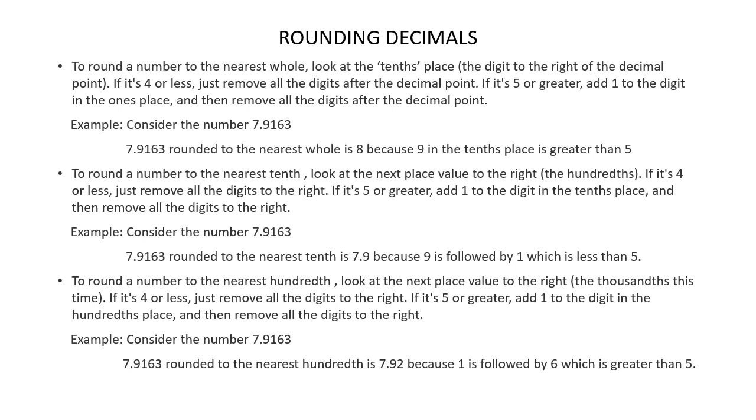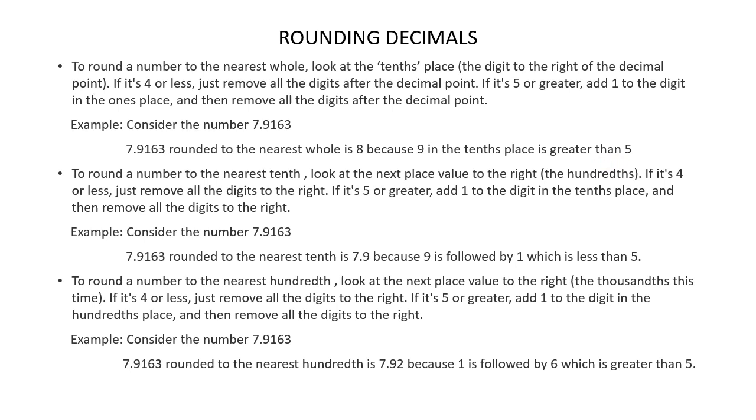So since 9 is greater than 5, you have to add 1 to the number in the ones place. The number in the ones place is 7. So 7 plus 1 is 8. So 7.9163 rounded to the nearest whole is 8 because 9 in the tenths place is greater than 5. Hope you understood this.